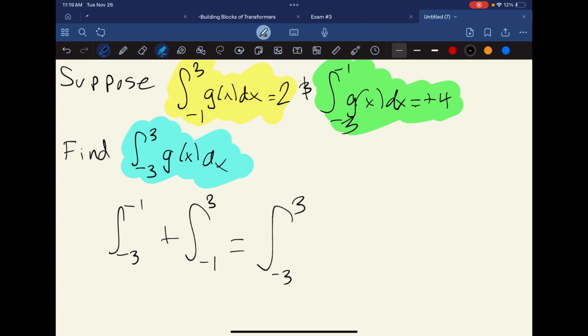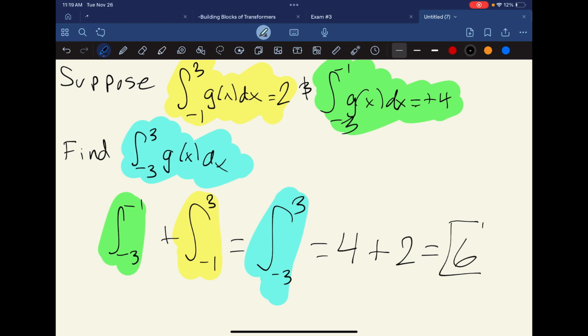So our yellow integral is -1 to 3, and we add it to our green integral, which is -3 to -1. If we add those two together, then we get our blue integral, which is -3 to 3. So that is just going to be 4 plus 2, which equals 6. So the answer you would get here would be 6.